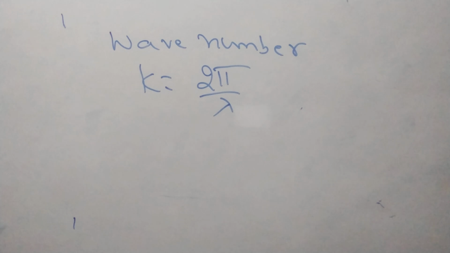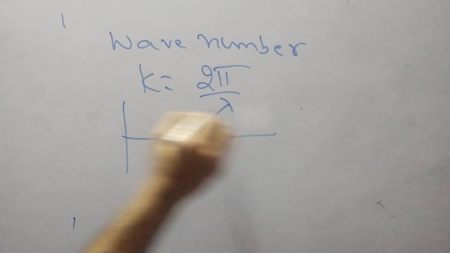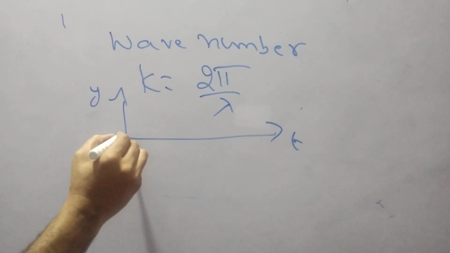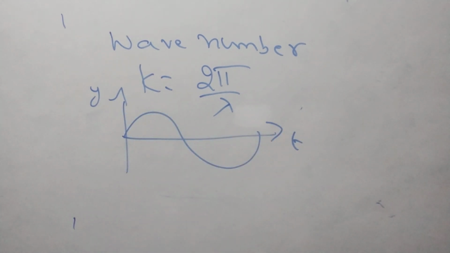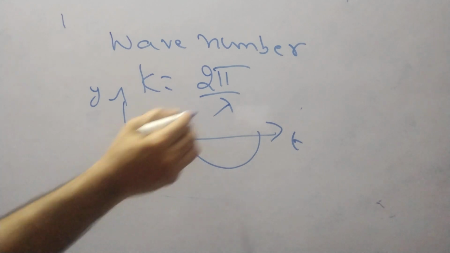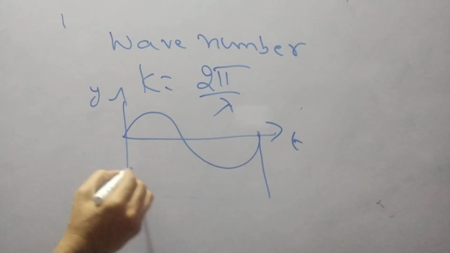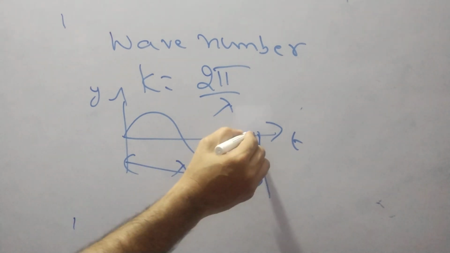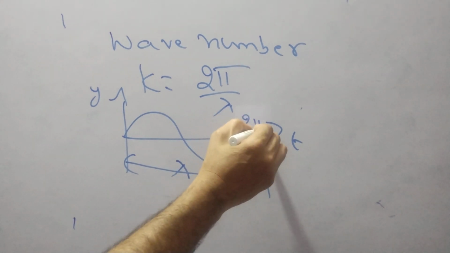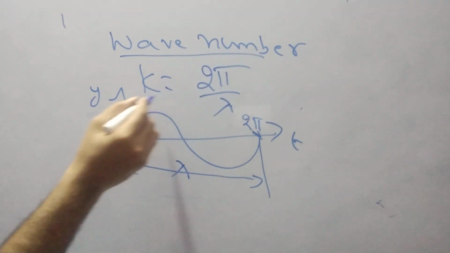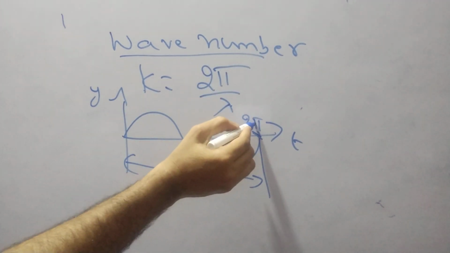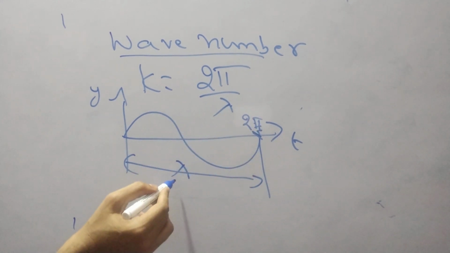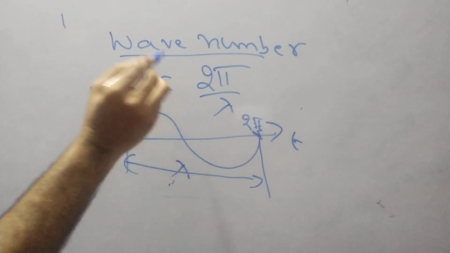Now you can show it in the figure like this. This is T here, and this is the curve. This value is known as lambda, and this is the angle 2 pi. So what is the wave number? Wave number k is the ratio of this one to this one, 2 pi by lambda. The ratio of 2 pi to lambda is known as the wave number.